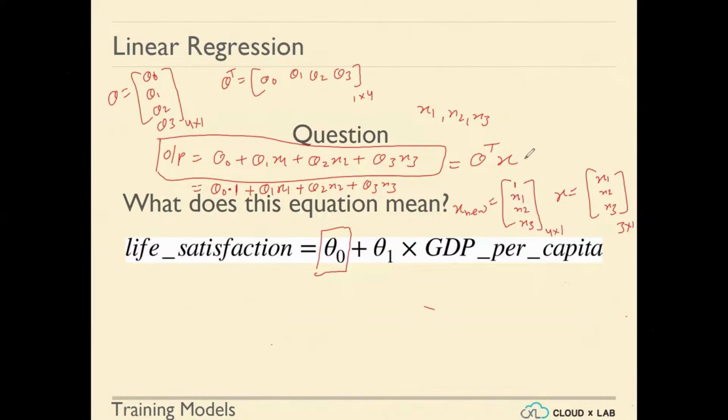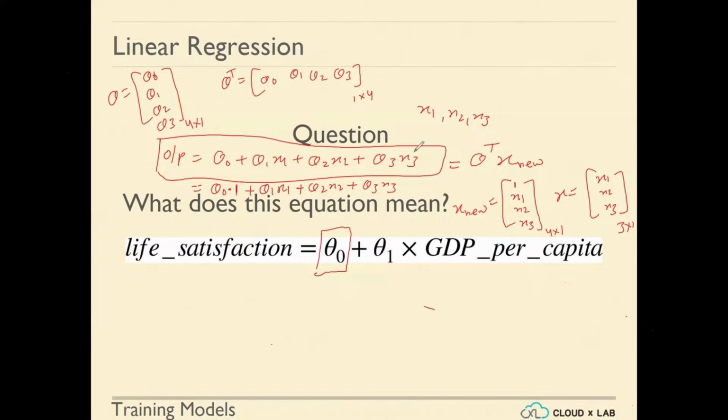And what is the difference between x new and x? Here we are just adding one more element, and that element will always be 1, because you can also write the same equation as theta 0 into 1 plus theta 1 x1, theta 2 x2, theta 3 x3. So this one element we are adding extra, right?